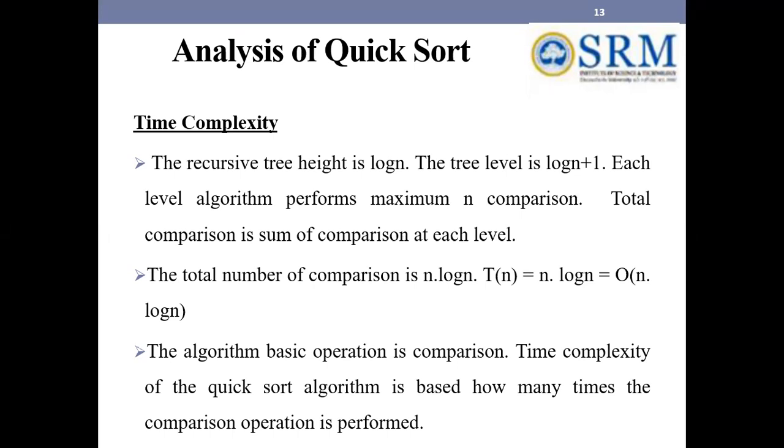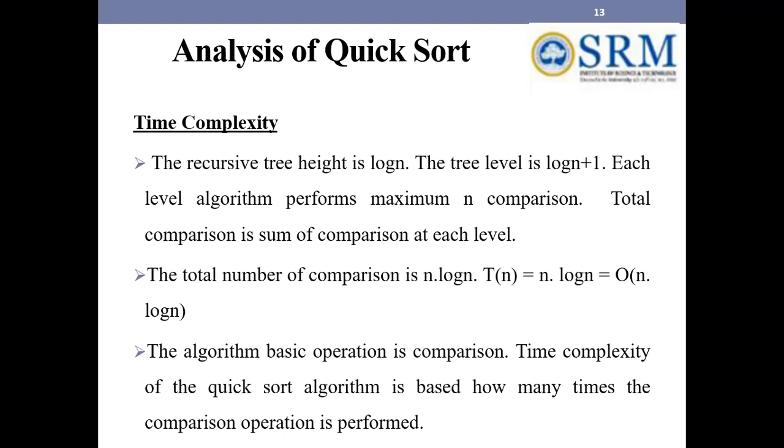We already discussed the same thing in merge sort. The height of the tree is log n, and at each level the algorithm performs a maximum of n minus 1 comparisons. So the time complexity is n log n, that is, the number of levels of the tree times the number of comparisons at each level. That is, T of n equals n log n.